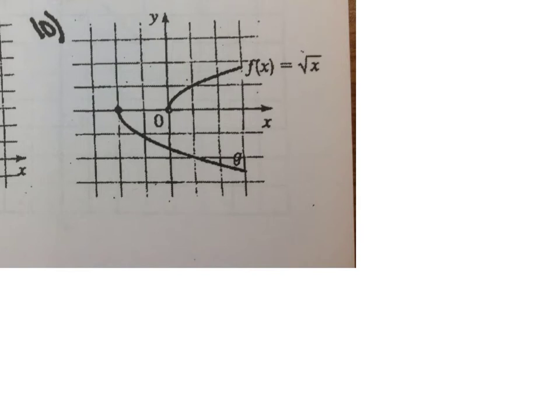Now number 10 says the graphs of f and g are given. Find a formula for g. So I'm going to make f the pink one, and g is the blue one. So for the pink graph, we have this function, f of x equals the square root of x.